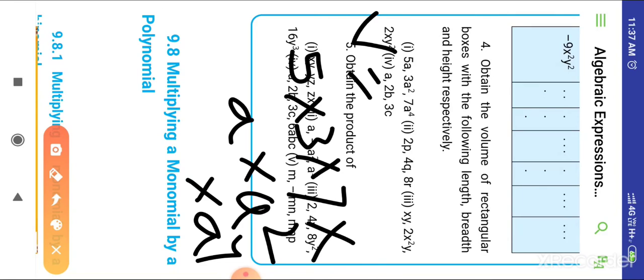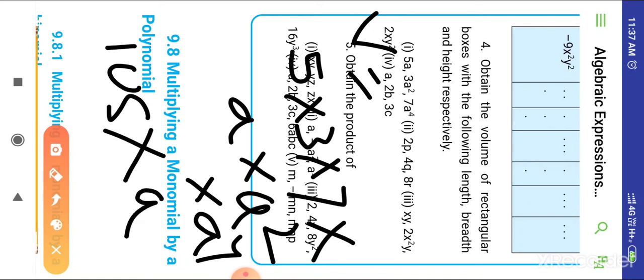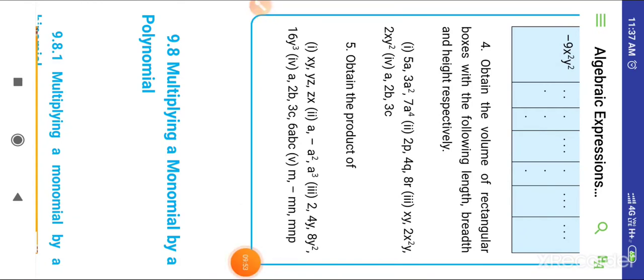After simplifying this, we have 75 by 2 and its answer is 37.5. 37.5, not in percent. In this way, you can solve the remaining parts of this question.